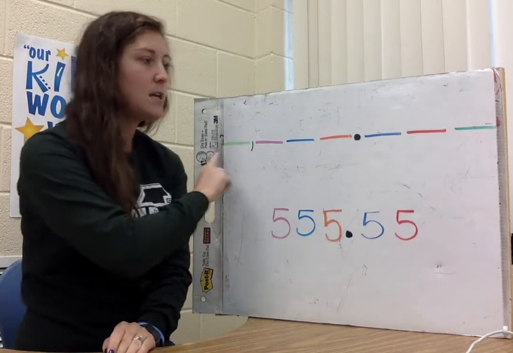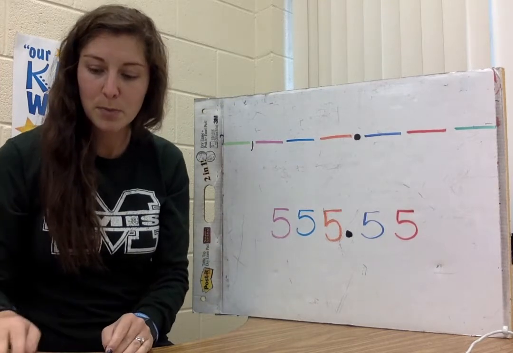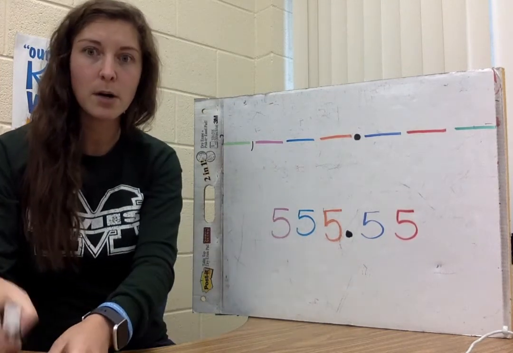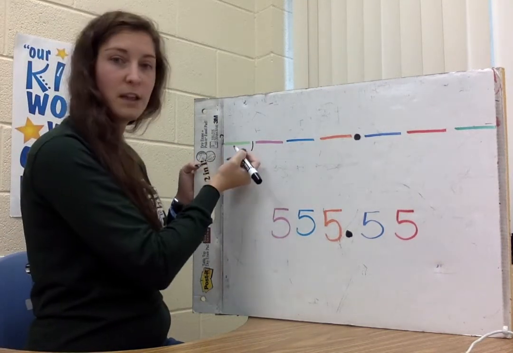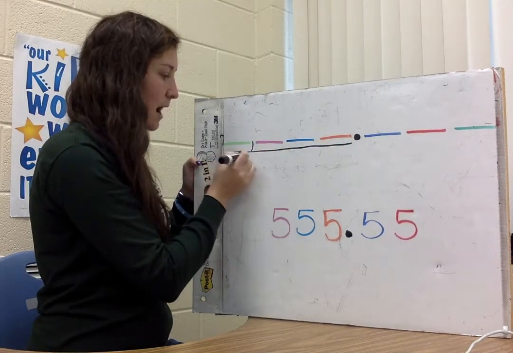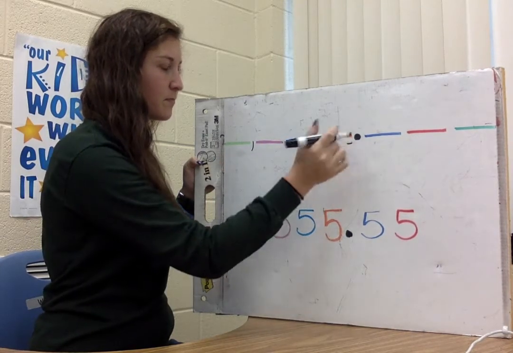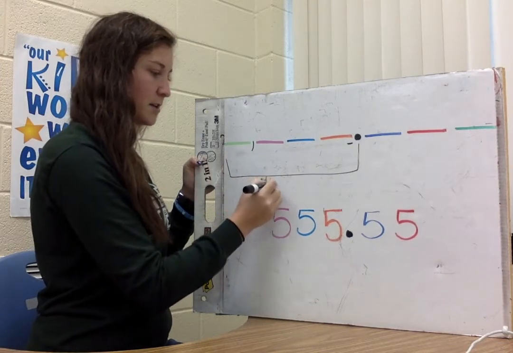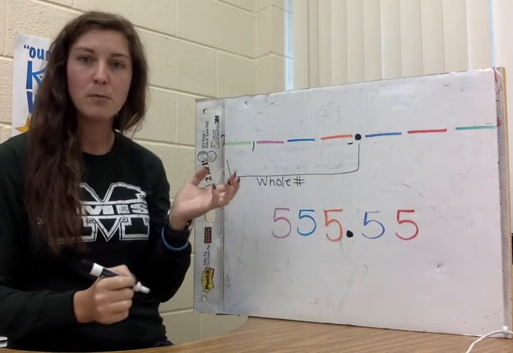So as you can see up here, I have my place value chart listed. I'm going to start with naming my places, and I'm going to start with the familiar part, which is our whole number. Anytime you have numbers to the left of the decimal, this section right here is going to be our whole number section.